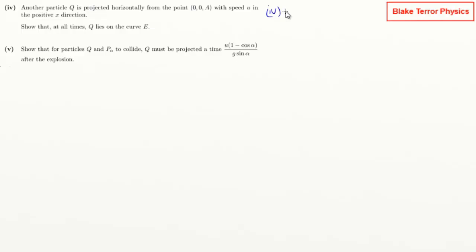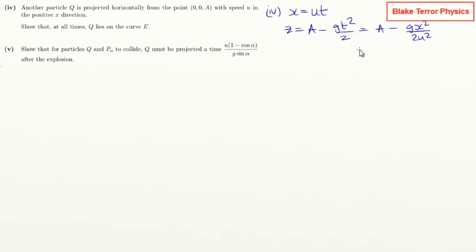So it's been projected with speed u in the positive x direction, so x is going to be u times t. That's not going to be changing. And then z is going to be, well, we're starting at a, and then we're taking off gt squared over 2. So we could say that is a minus, well, t squared is x squared over u squared, so gx squared over 2u squared.